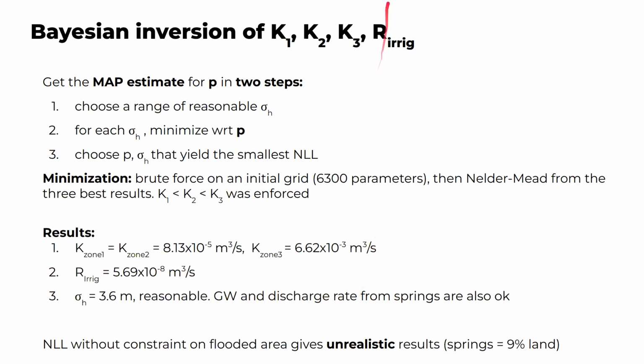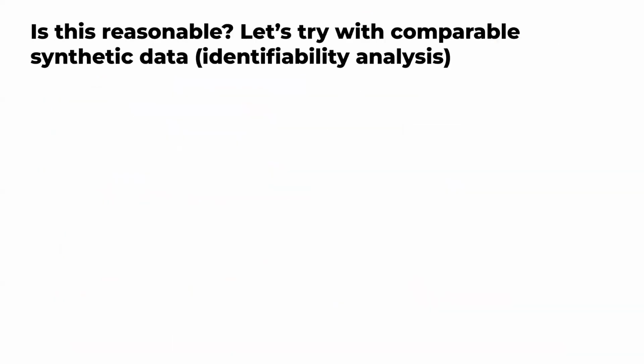So we have validation from expert opinion and different studies in the same region that give similar numbers, and validation from synthetic data: running the Bayesian inversion with synthetic data with comparable noise gave reasonable results. So we were happy. Does this answer your question?